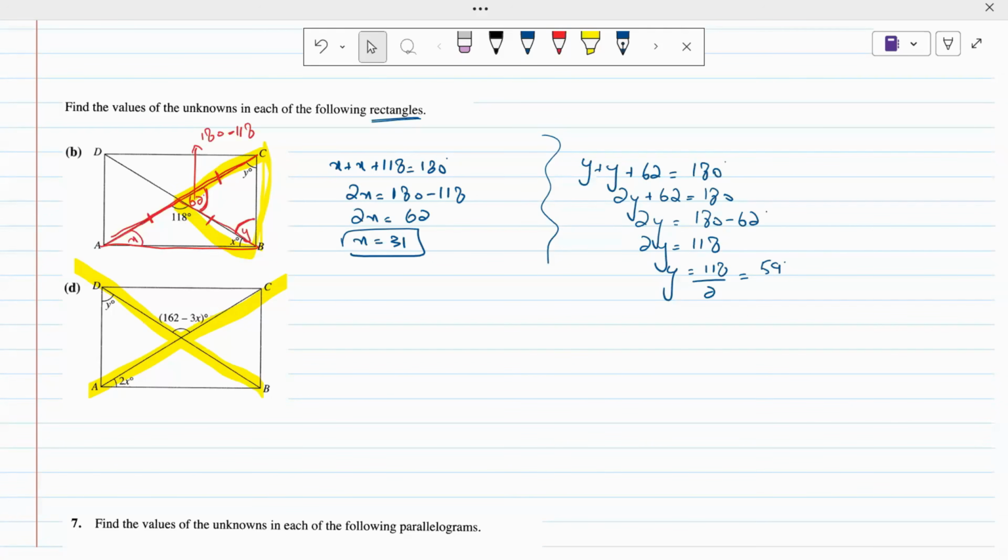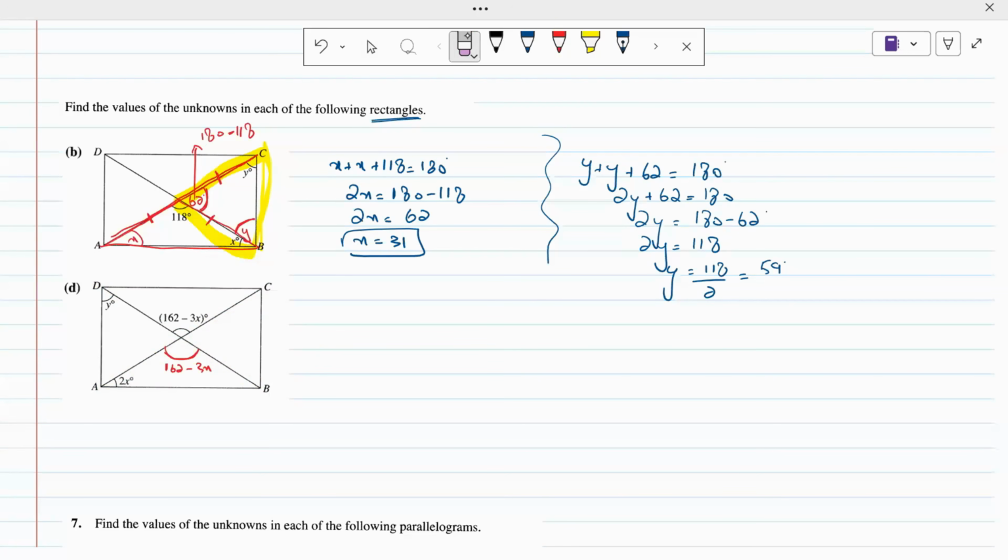So here, these are vertically opposite angles. Because the two lines are intersecting, this angle would also be 162 minus 3x. Because diagonals are always straight lines, and when diagonals intersect, they form vertically opposite angles.